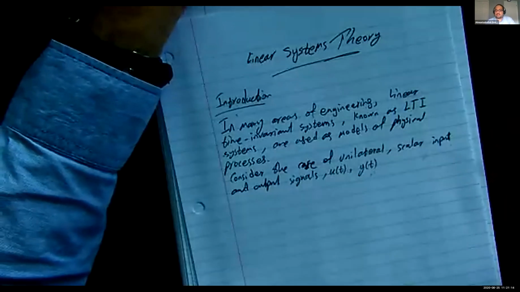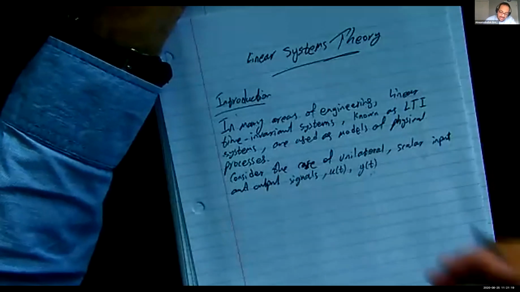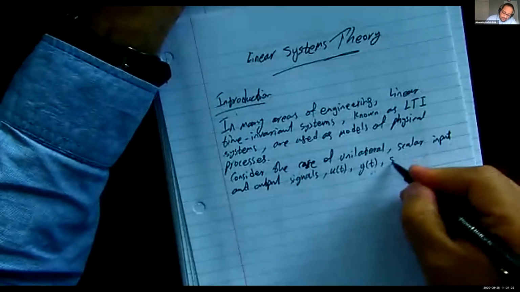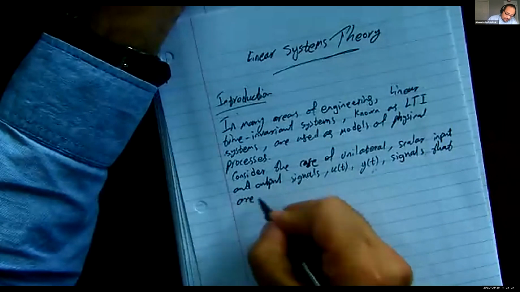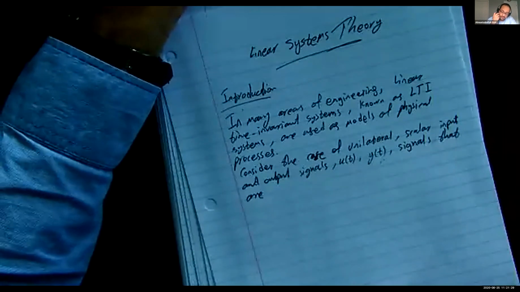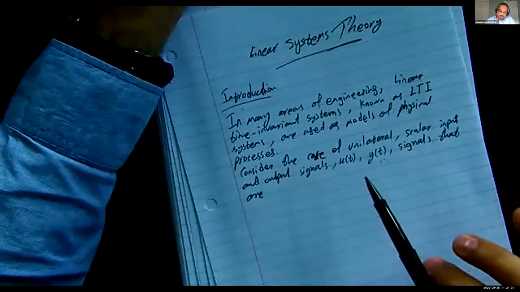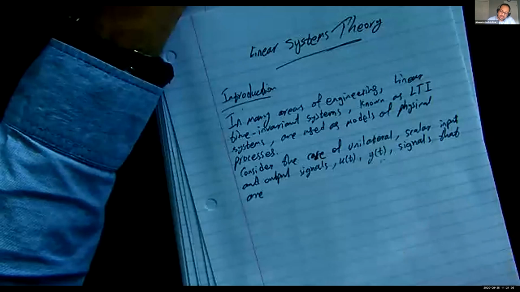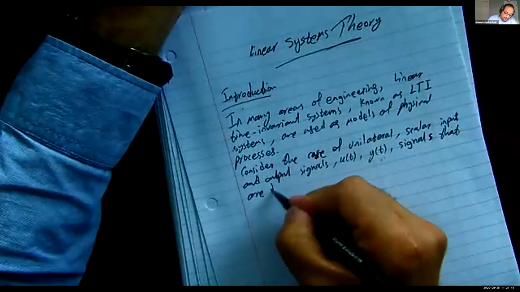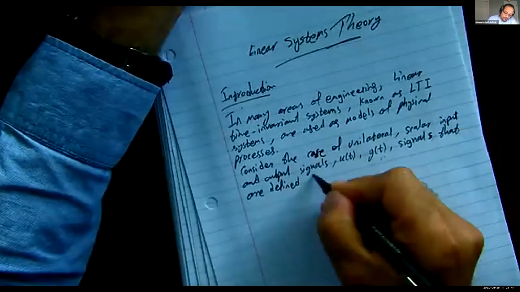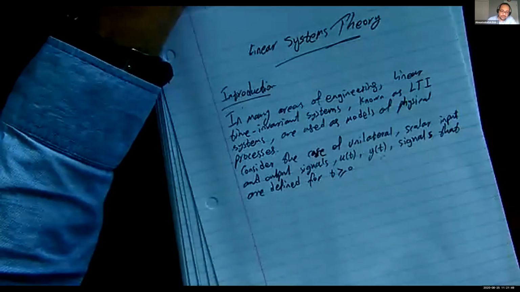So meaning that let's consider single input, single output systems, and signals in general that are defined for t larger than or equal to 0. I'm just setting up what's coming now.